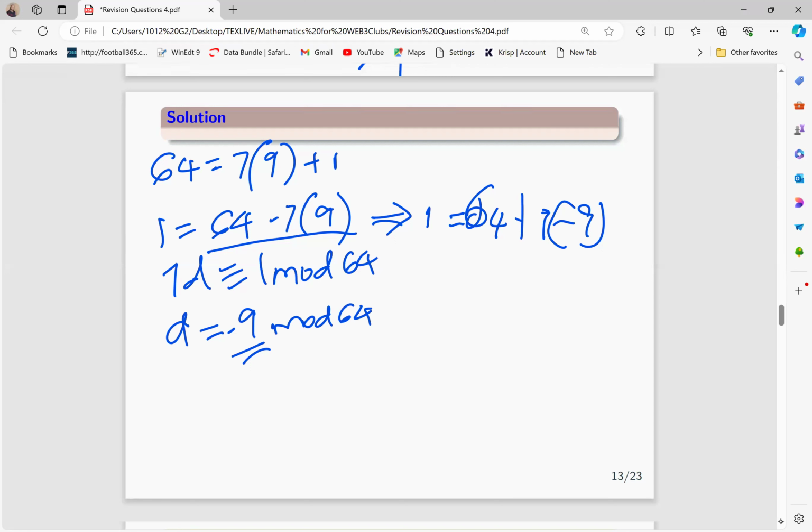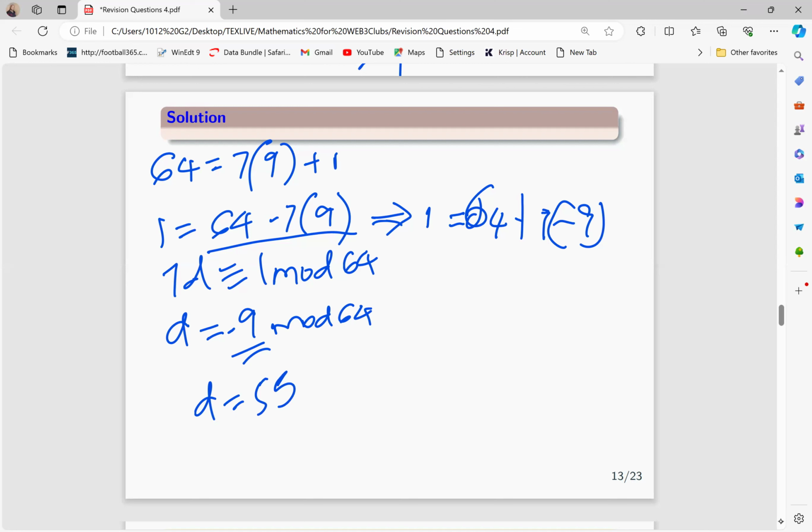Just add 64 to it. That gives 55. So D is 55.